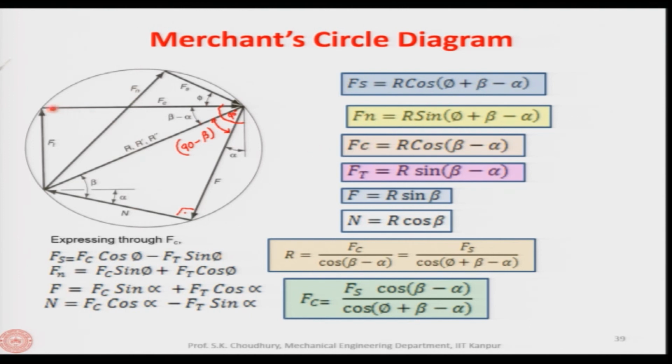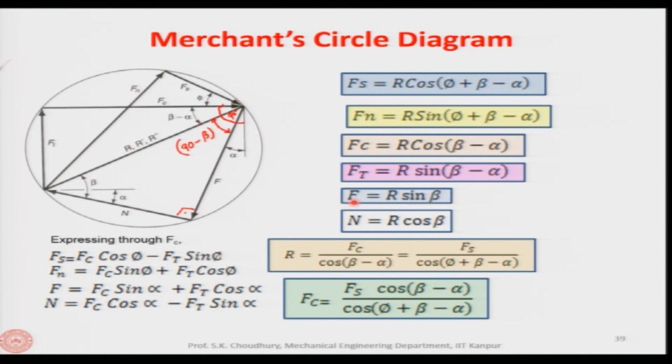Similarly, Fc will be R and the cos of this. That is what is shown here: Fc is R cos beta minus alpha. Ft, which is perpendicular to that, will be R sine of beta minus alpha. And finally, we have the two forces: the friction force F, which will be R and the cos of this, so cos of 90 minus beta, which is sine beta.